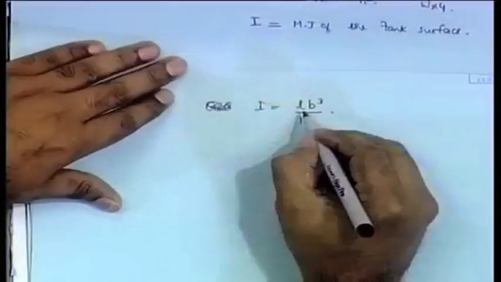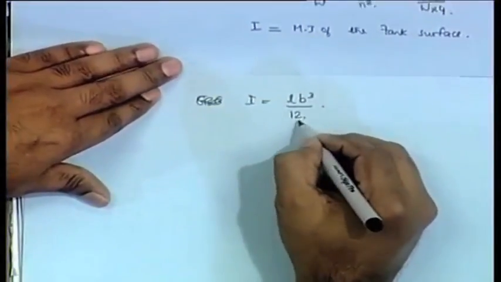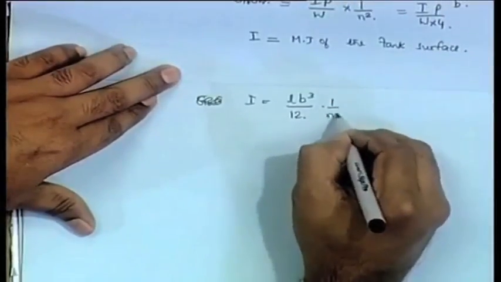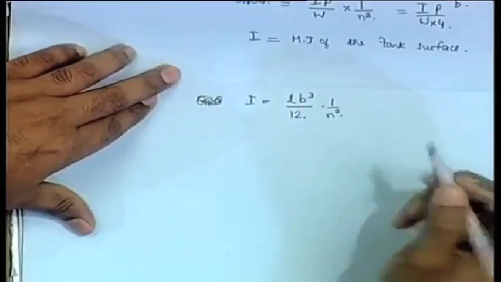Or you have to find I of each tank and sum it up. In this case there are 2 tanks, you find the I of one tank, you multiply it with 2, you will get I of the whole thing. Either way you do, but just remember that this is I of the tank. So, this is L B cube by 12 into 1 by n square. This will give you the I of that system.